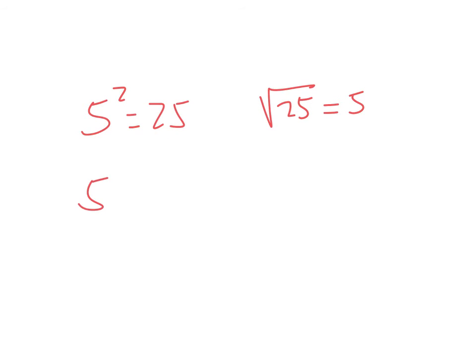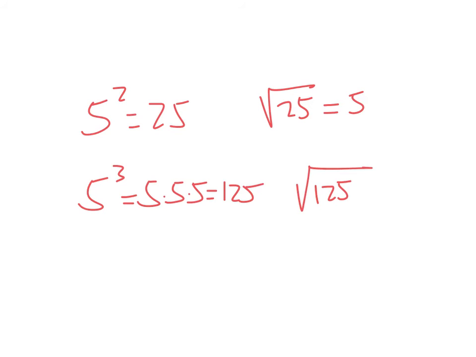If we have 5 to the third power, that's 5 times 5 times 5, which is 125. Now, if I want to undo the third power, or what we call cubing, we can do the cube root. This means, what number cubed is 125? And if we think about it, that number is 5.